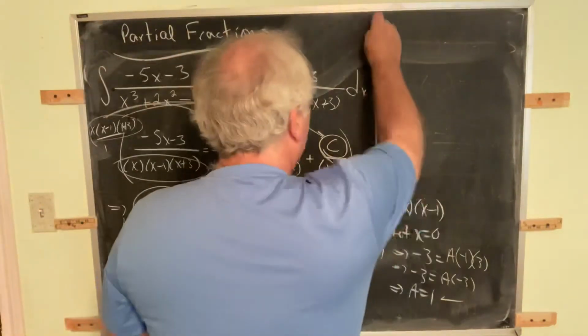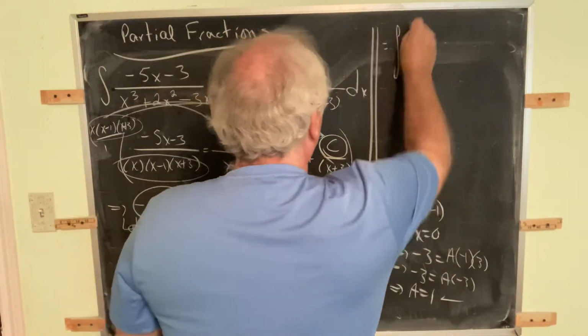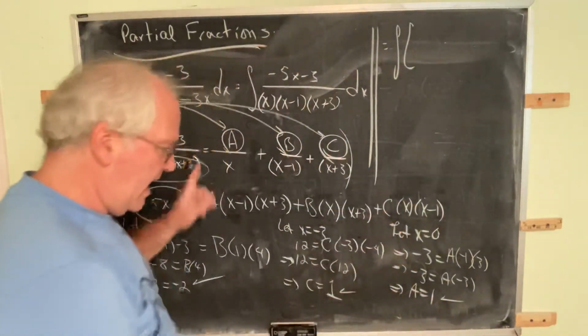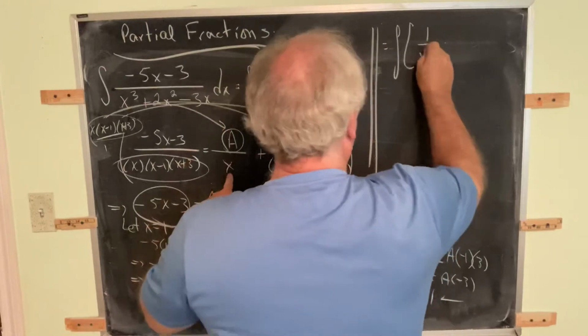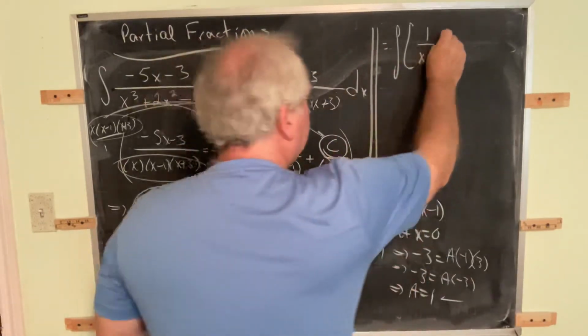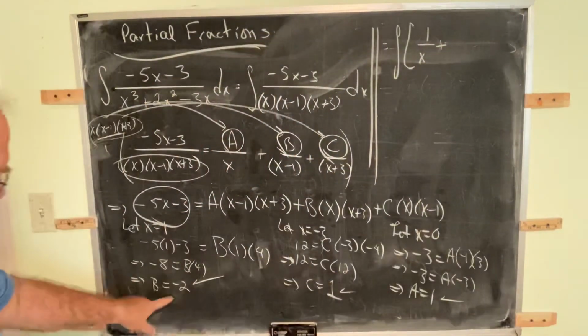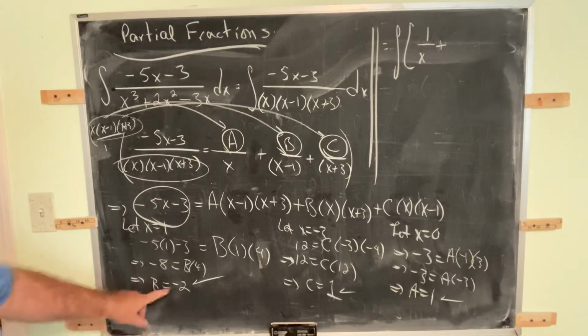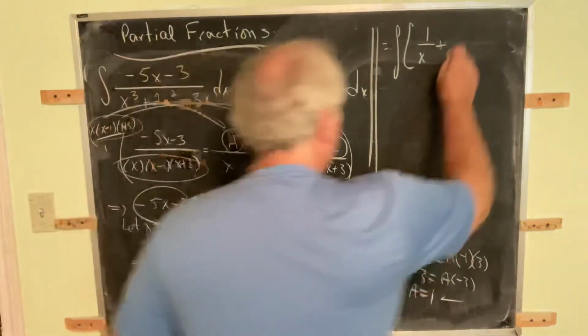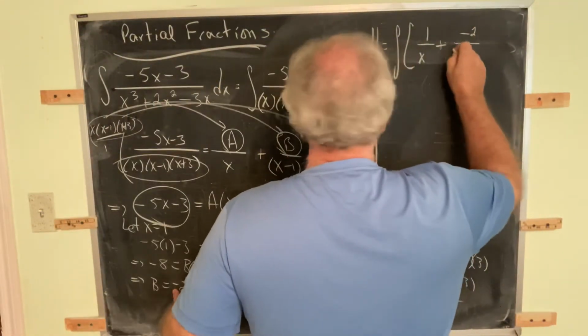And I'm going to run out of space here. So I'm going to write this as, what was a? A is 1. 1 over x plus, where's b? B is negative. Again, write this as plus -2. Try not to get in the habit of writing it as -2. You'll see why here in a bit. -2 over, what was that?